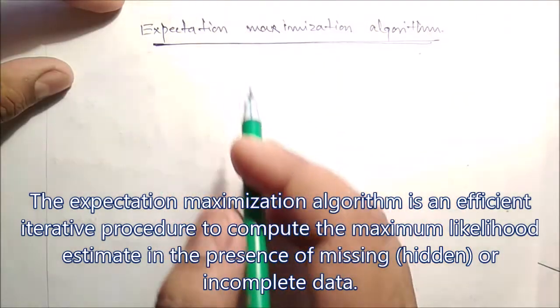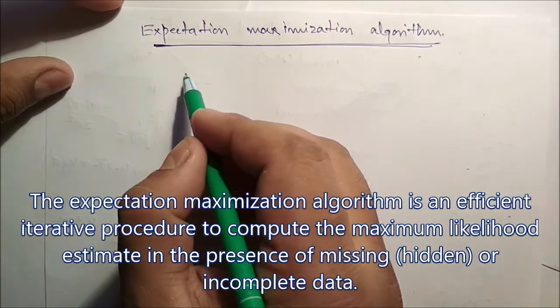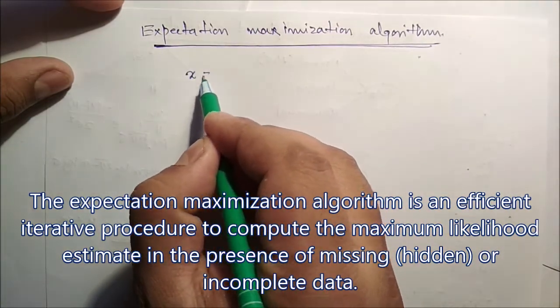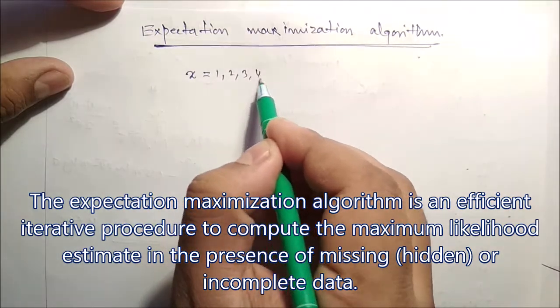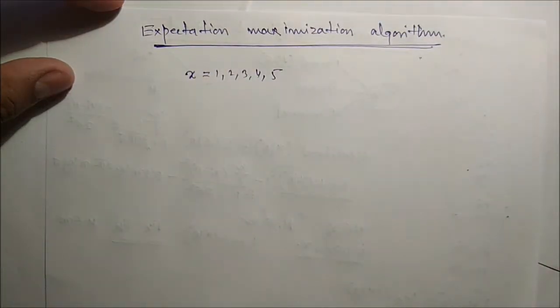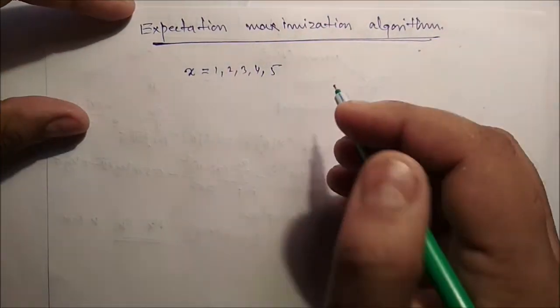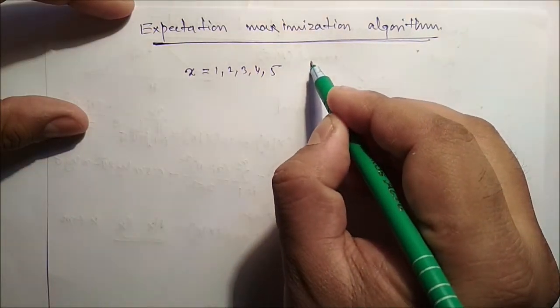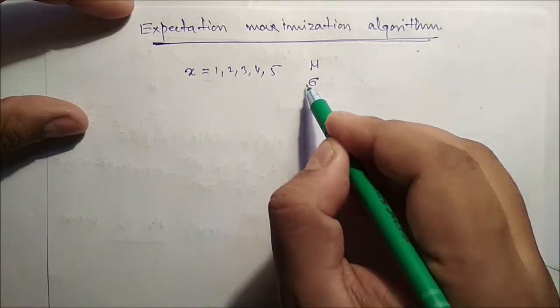In the previous video we have seen that we have data, say 1, 2, 3, 4, 5, and we want to know its population mean and sigma.